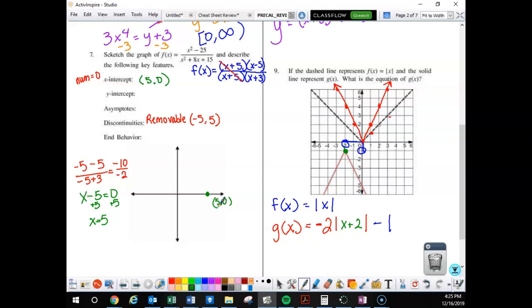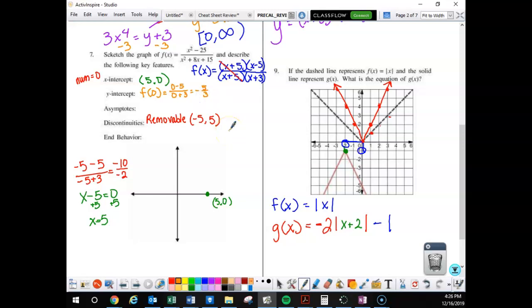Now the y-intercept is when I just plug in 0. So f of 0 would be 0 minus 5 over 0 plus 3, which is negative 5/3.